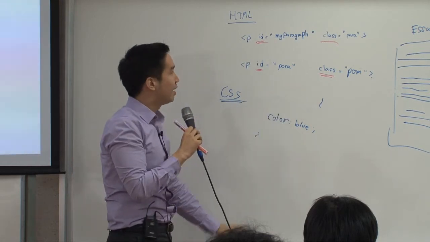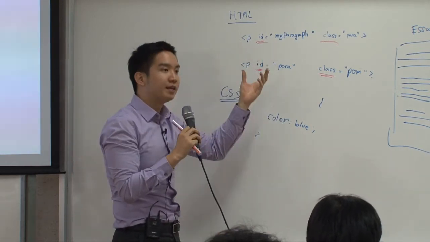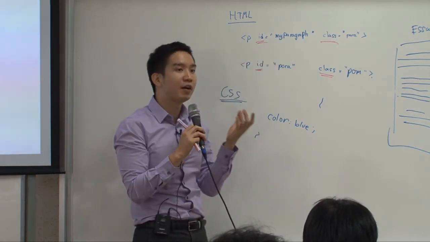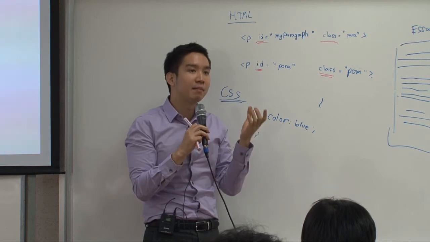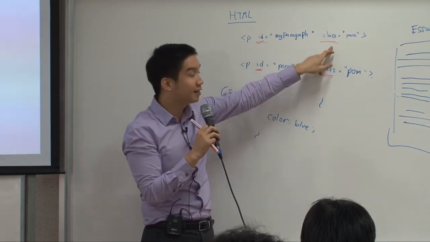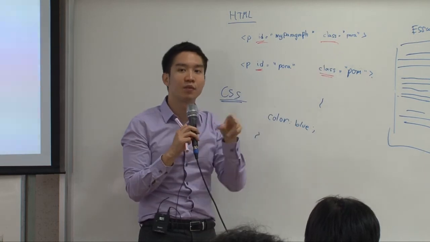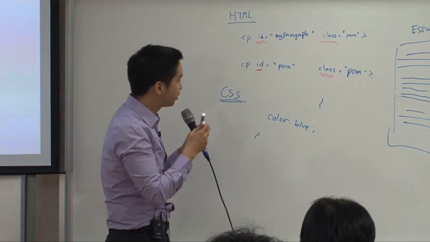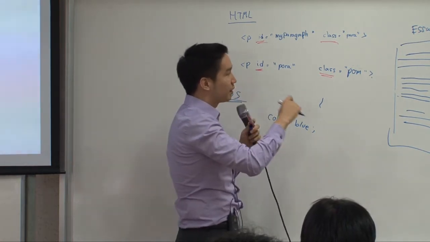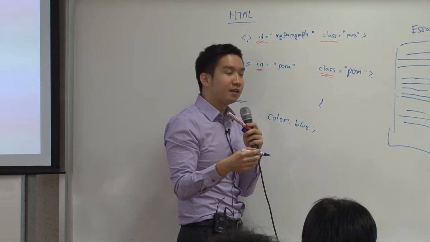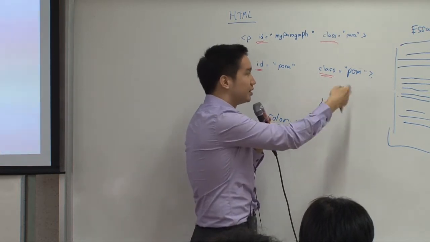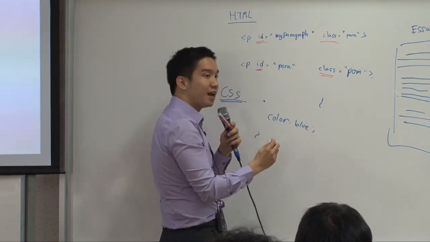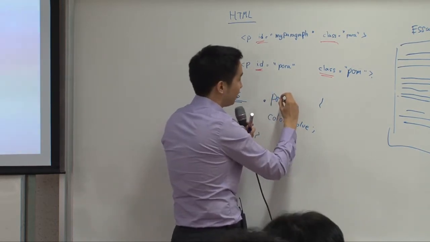Next question. So now we know how to pick DOM elements based on IDs. The next question is, how do you select DOM elements based on the class attribute? Don't confuse that with the Java class. Well, very simple too. If I wanted to pick all DOM elements that contain the POM class, instead of hash, I will use a .pom.